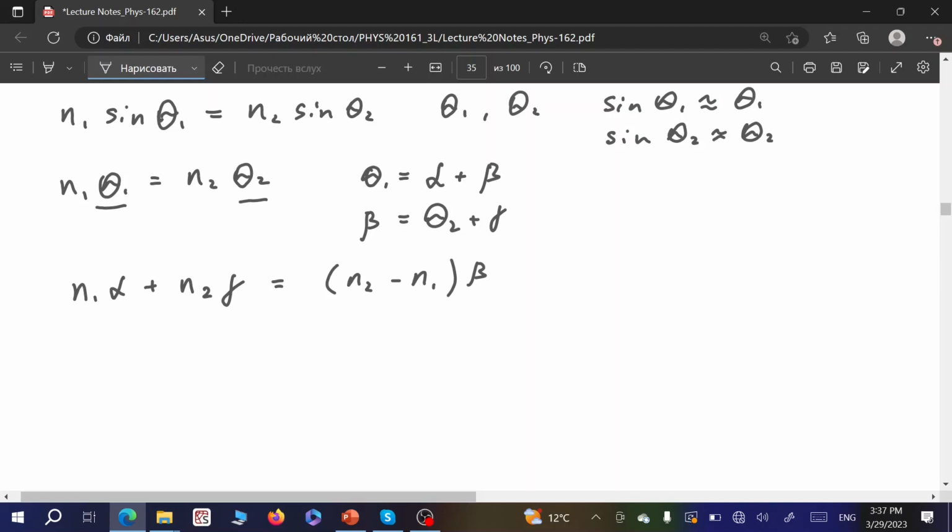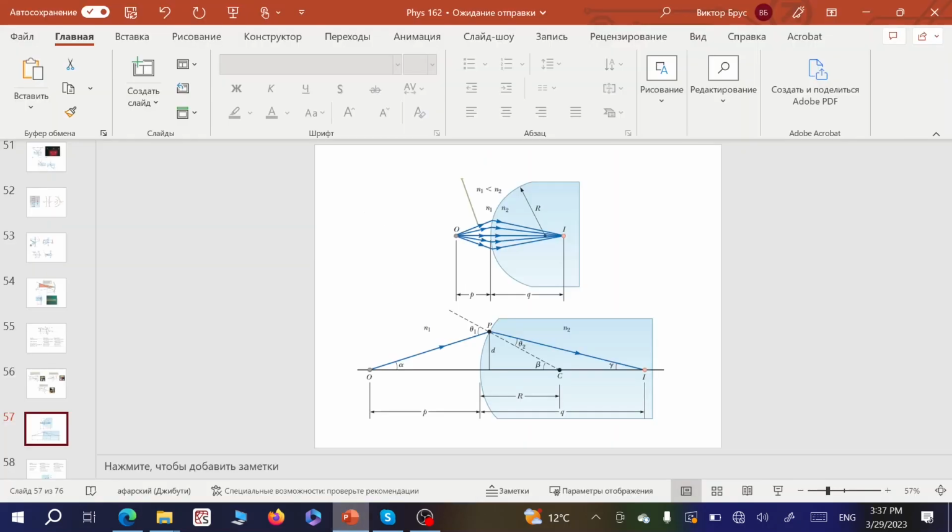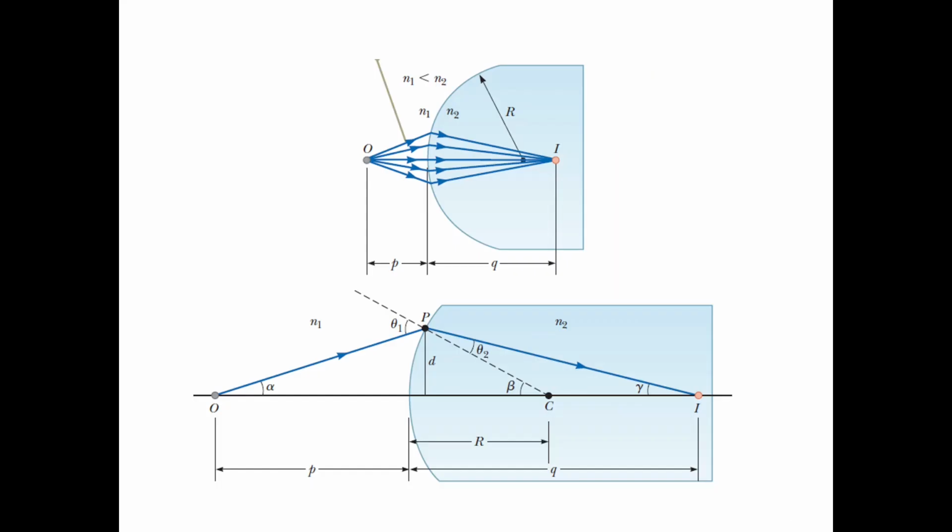So now we don't have θ1 and θ2. We deal with α, γ, and β. So why do we want this? Because of the following reason. Let's again look at our figure.